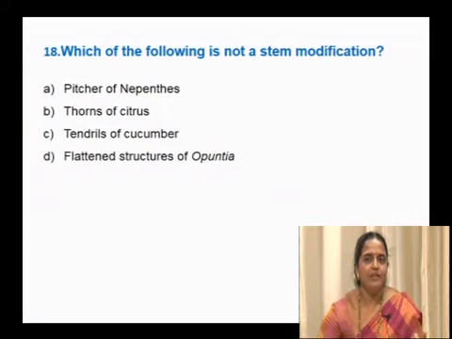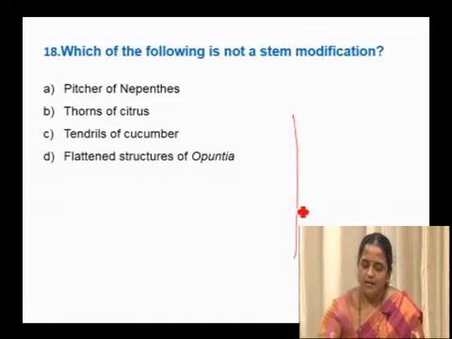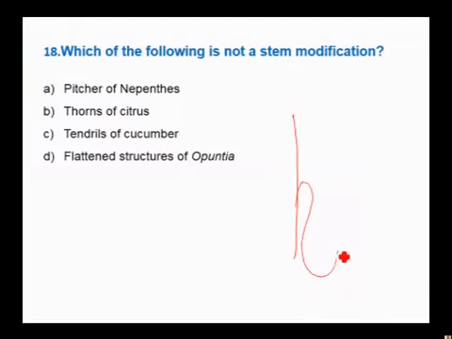So, the left is the picture of Nepenthes, where the leaf base is modified into a pitcher having hydrolytic enzymes and sensory hairy structures, and the tip has a lid. The lid is attractive in color.